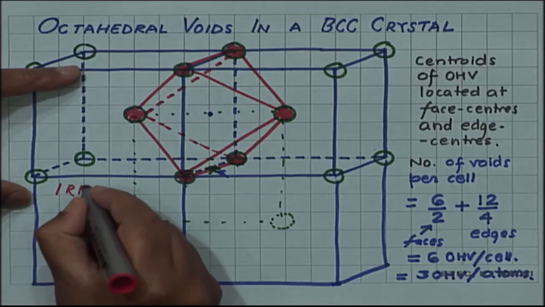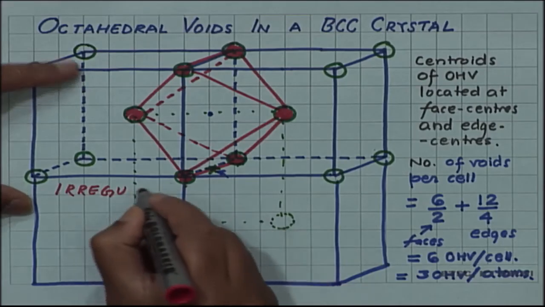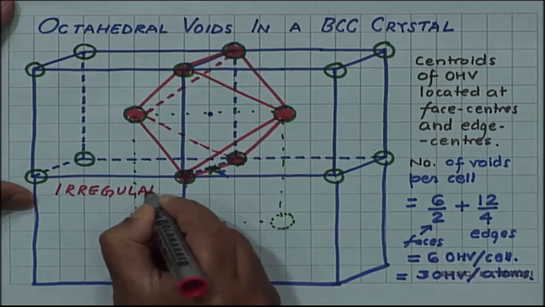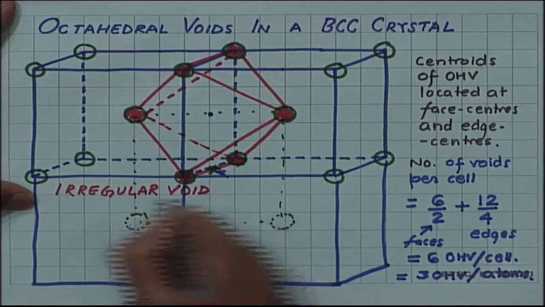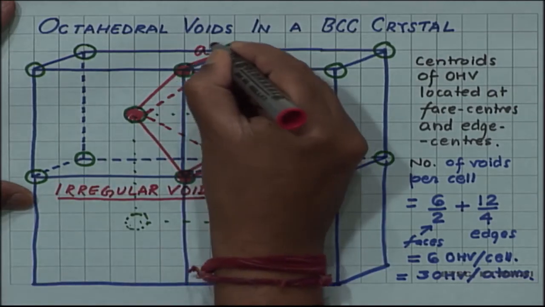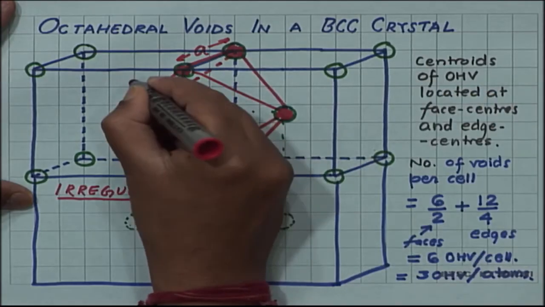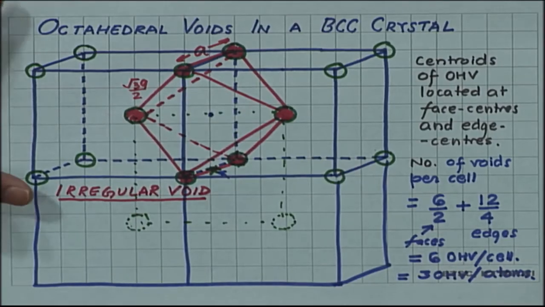Just like the tetrahedral void was irregular, the octahedral void is also an irregular void, because here also edges are all not of equal length. So, this edge is of length a, whereas this edge is of length root 3 a by 2.